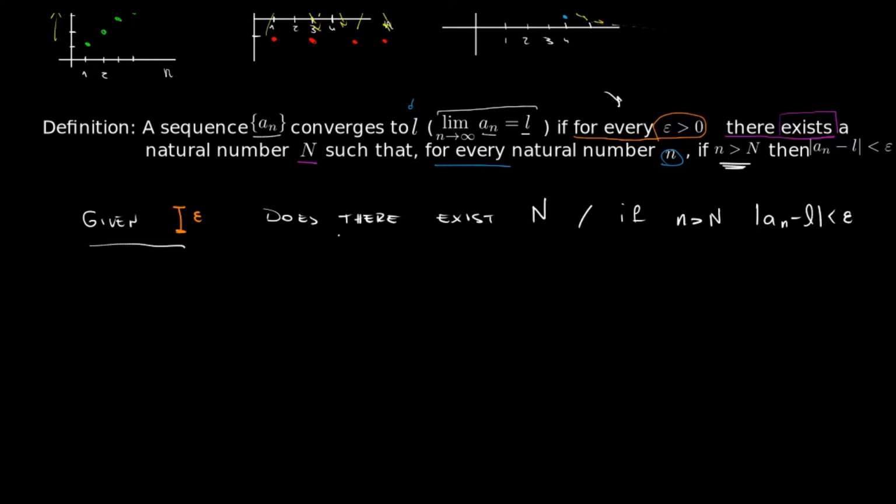And we ask ourselves if there exists an N such that this happens. If for every epsilon we graph there exists an N, so the answer to this question is positive, then we can say that the limit of a sub n when n goes towards infinity is L.